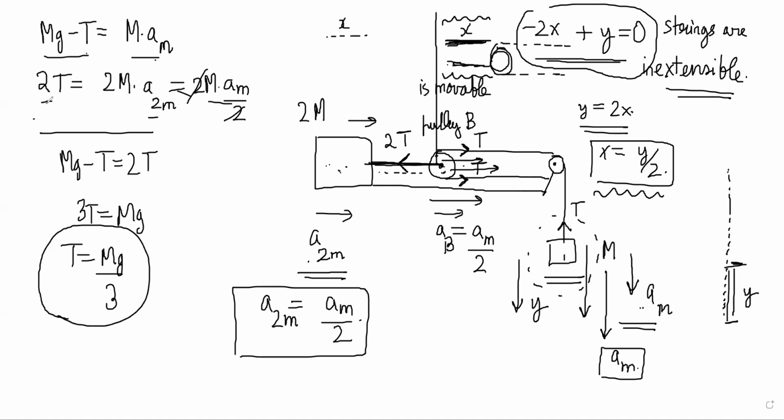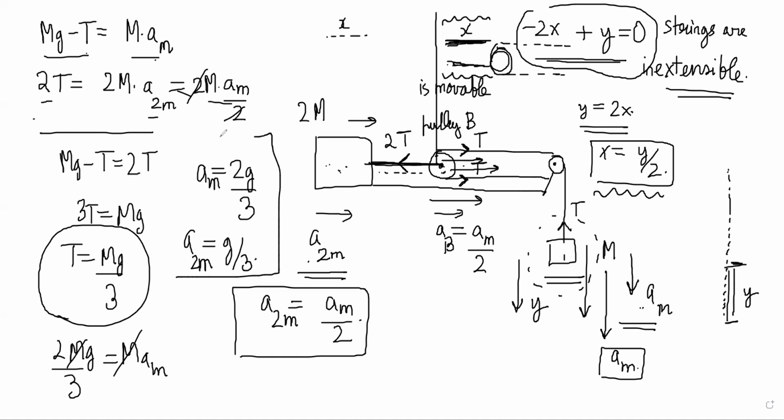And if T is mg/3, you get 2mg/3 equal to m a_M. So the acceleration a_M comes out to be 2g/3, and therefore a_2m would be g/3, right? Yes, sir. So all the things you can solve now.